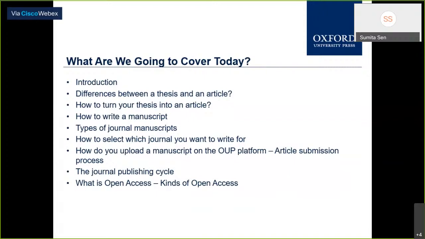I'll give you a few tips on how to write a manuscript and the different kinds of journal manuscripts that you can think of writing, the best way to select the journal you would want to write for, how you should upload a manuscript on the OUP platform. We will do the article submission process. I'll just touch upon it quickly in the interest of time. We'll take a look at the journal publishing cycle, and I'll throw some light on open access and the different kinds of open access that OUP has to offer.